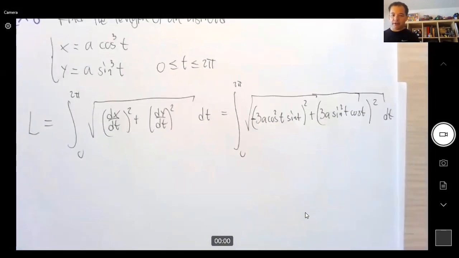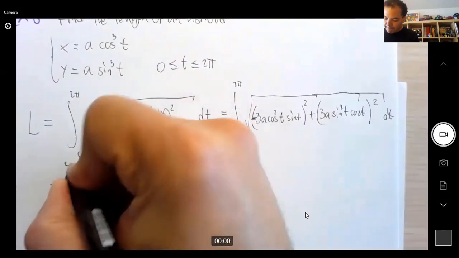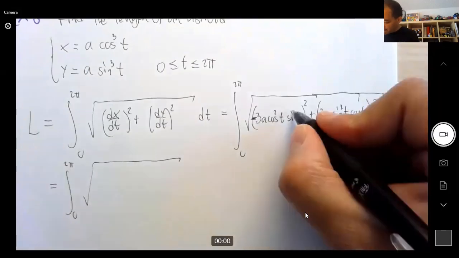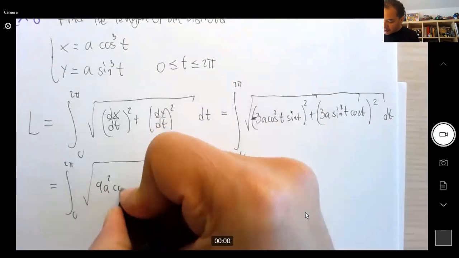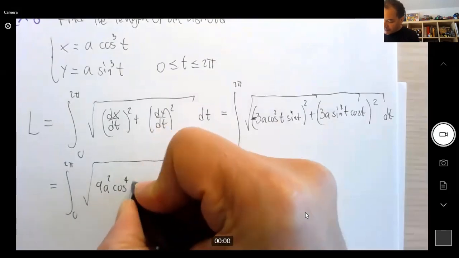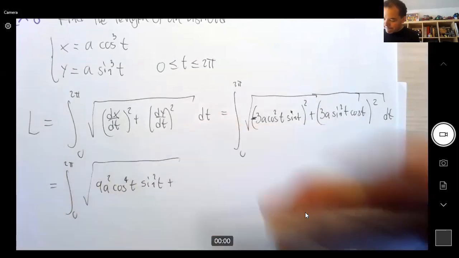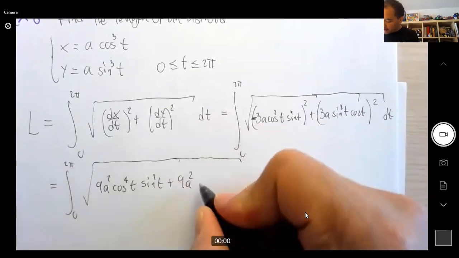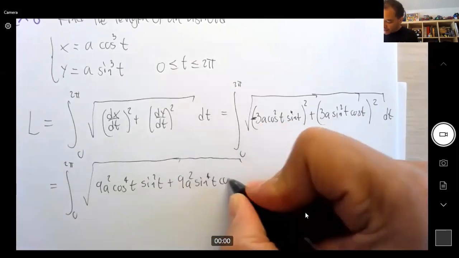This negative sign will not matter when we square it. So it's going to be, let's see, 9a squared cosine to the 4th sine squared plus 9a squared sine to the 4th cosine squared.